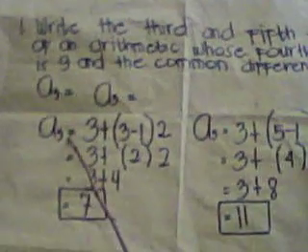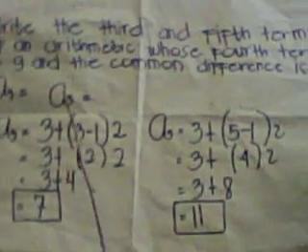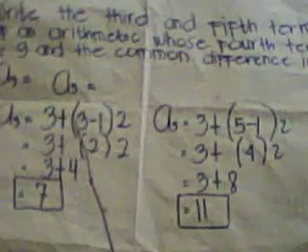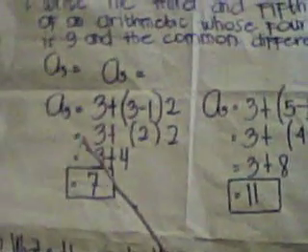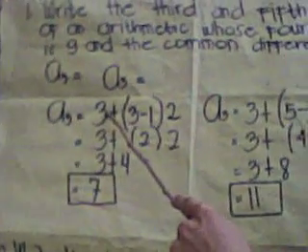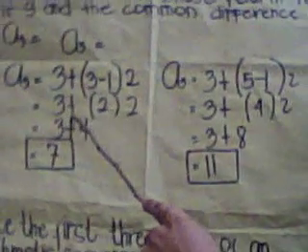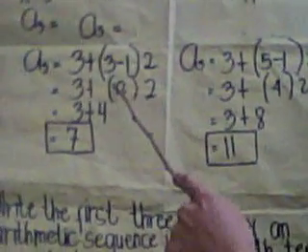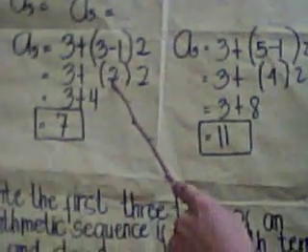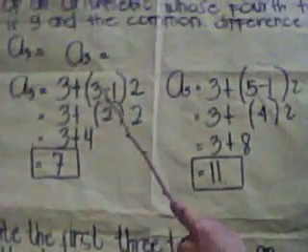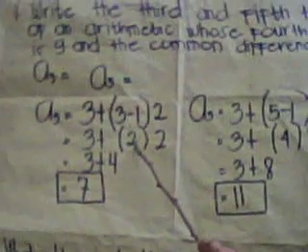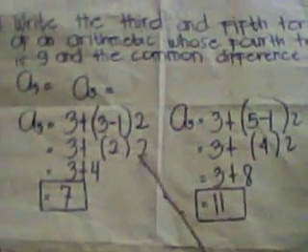A sub 3 is equal to 3 plus open and close parentheses 3 minus 1 times 2. Bring down the 3 and the positive sign, and in parentheses 2, because 3 minus 1 is equal to 2, times 2.